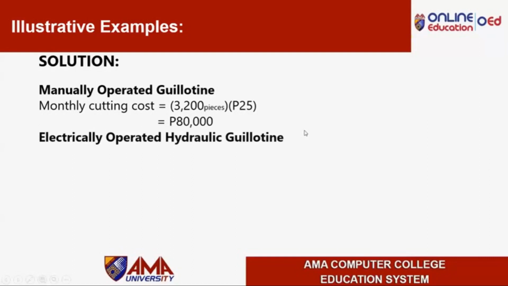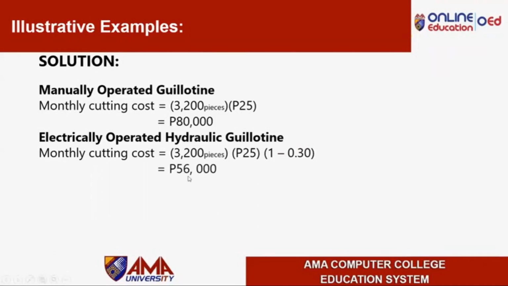Okay. For the electrically operated hydraulic guillotine, the monthly cost is the same as the manual, 3,200 pieces multiplied by 25, since same price, but with 30% cutting cost reduction, multiplied by 1 minus 0.30.